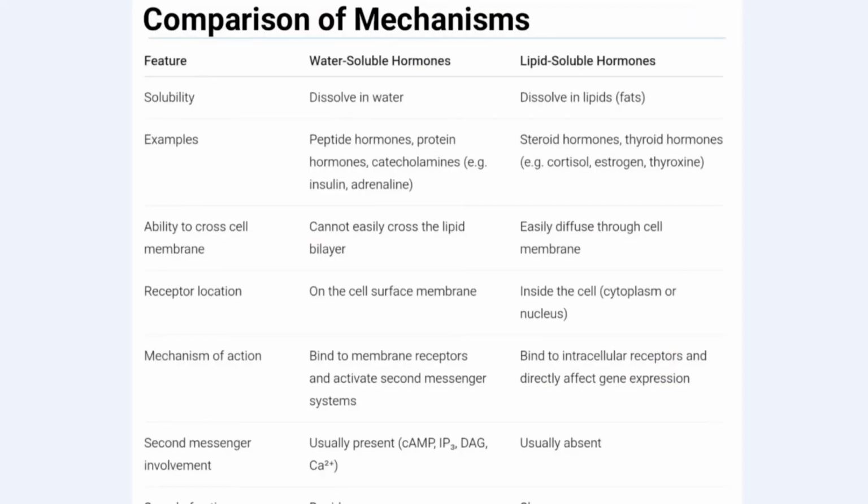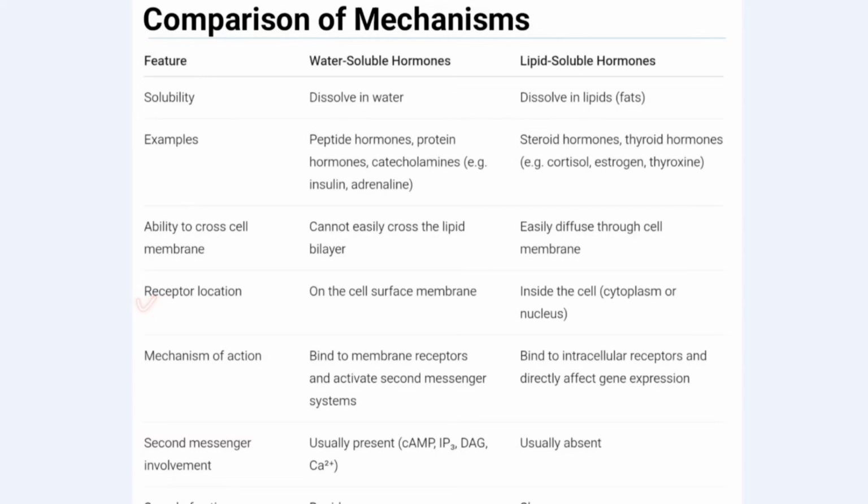Now we will compare water soluble hormones and lipid soluble hormones. In solubility, water soluble hormones dissolve in water, lipid soluble hormones dissolve in lipids. Examples are, in case of water soluble hormones, peptide hormones, protein hormones, catecholamines, etc. And in lipid soluble hormones, steroid hormones, thyroid hormones, etc. Ability to cross the cell membrane: water soluble hormones cannot easily cross the lipid bilayer, and lipid soluble hormones easily diffuse through the cell membrane.